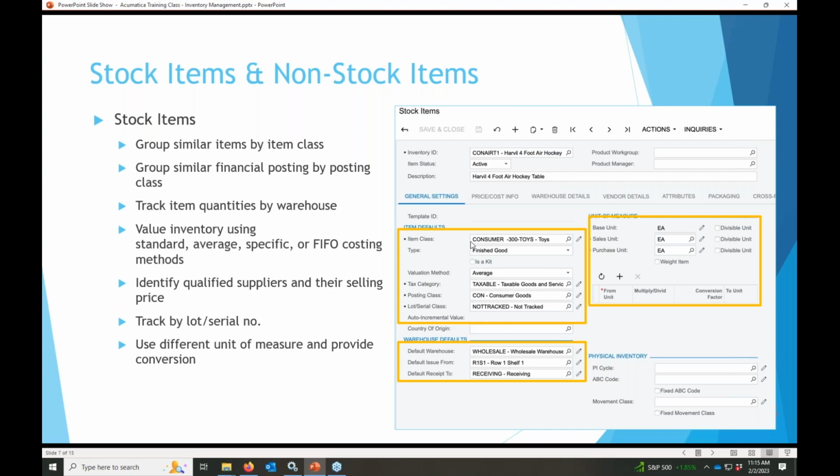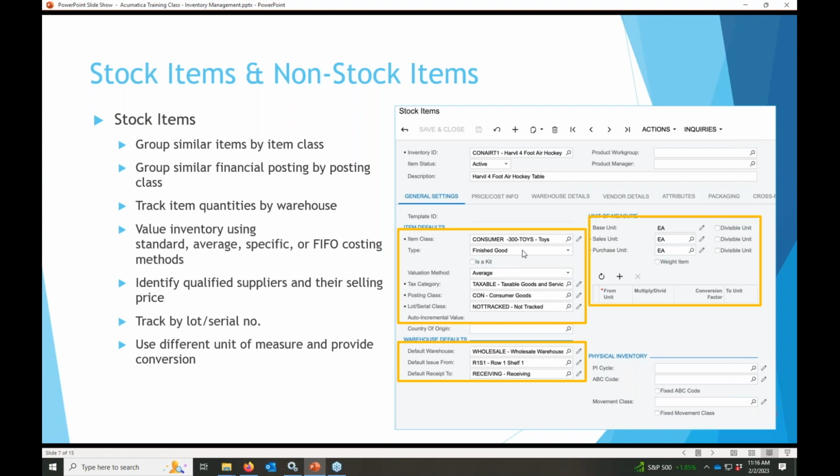So we also have the ability to group those item classes into a posting class and choose different avenues that those classes of items get posted to for inventory. So we may want to be able to track inventory at the GL level by item class. Other options that usually get defaulted when you choose that item class will be things like the type. So in this case, is it a finished good?